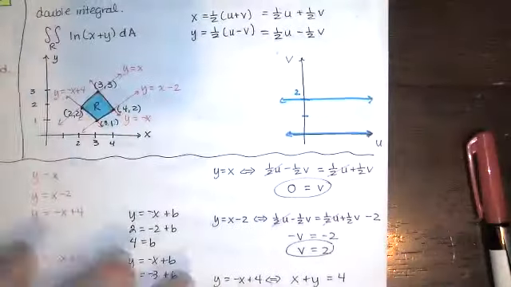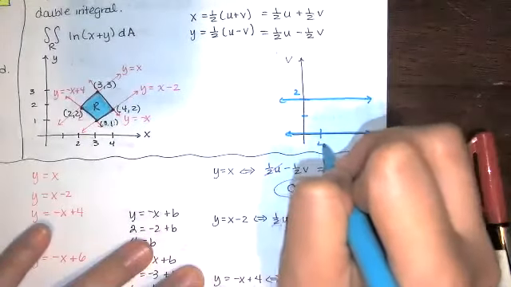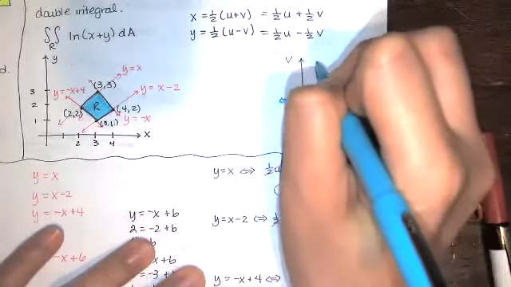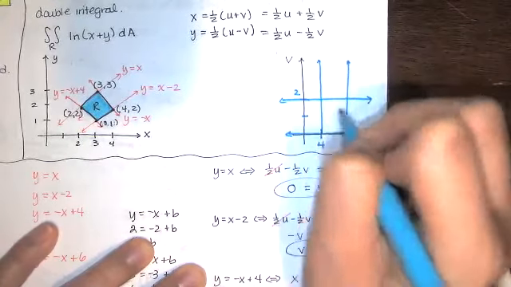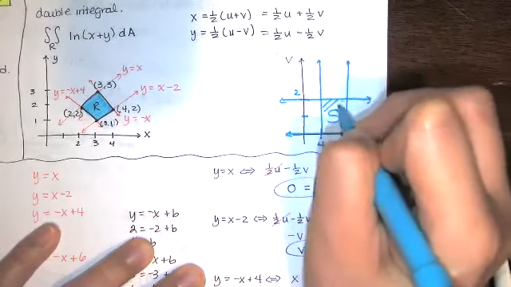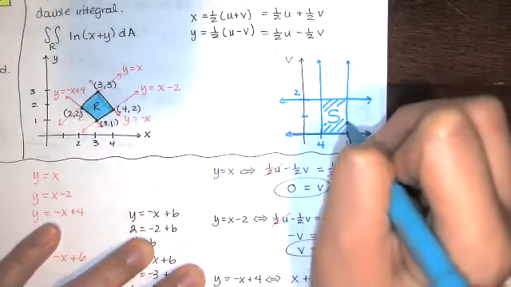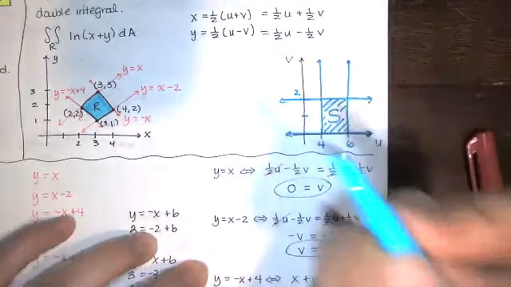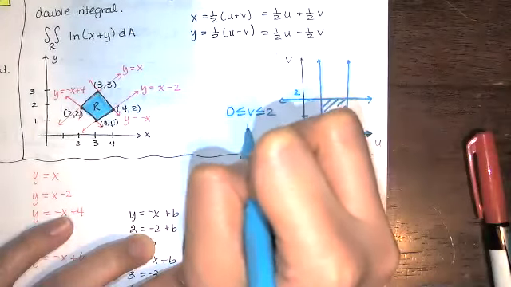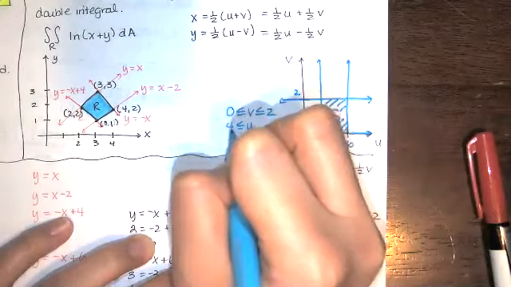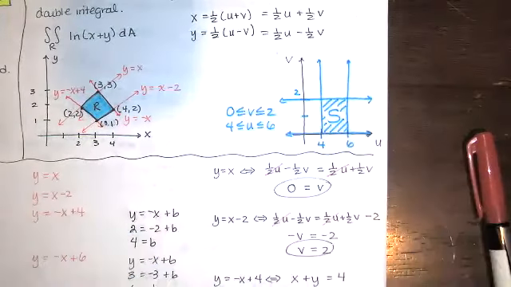Oops, this is not to scale. That's our region S. So we've got v between 0 and 2, and u between 4 and 6.